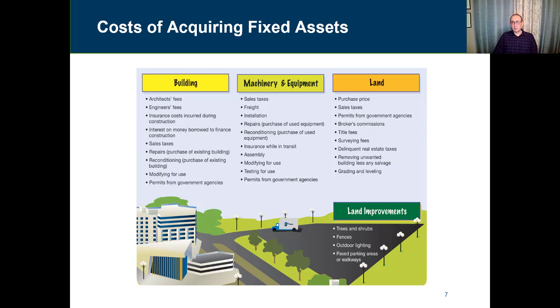So now let's talk about the cost of acquiring fixed assets. And here we have a few examples for buildings, machinery and equipment, land, and land improvements. Let us see some of the costs related to buildings. Things like architect fees, engineer's fees, and insurance costs incurred during construction. And that's only during construction, because once the construction is completed and we have the building, any kind of insurance would be insurance expense.